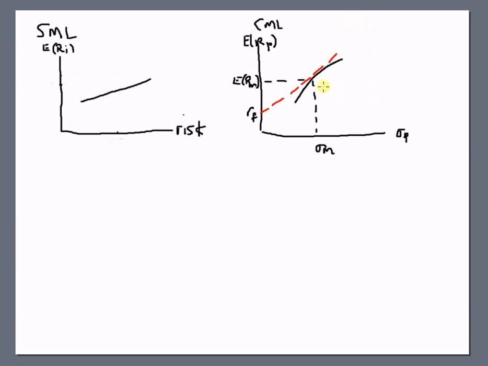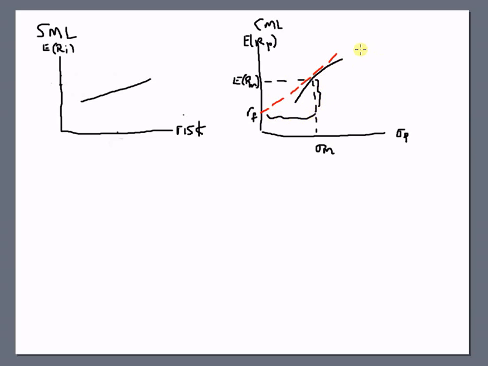Let's look at the risk-reward of this tangency line, which is basically we're trying to obtain this relationship between risk and return. We can obtain the slope of this line by having this as the height and this as the base.